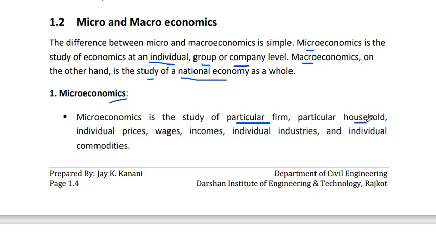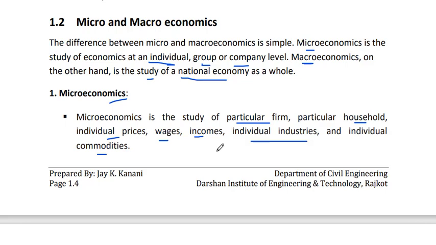Particularly a household, your home, say with 4 or 5 members. Individual prices, such as the price of a mobile phone or vegetables. Wages, which means daily salary, such as the wages of a construction worker or other workers. And income, which you all know.